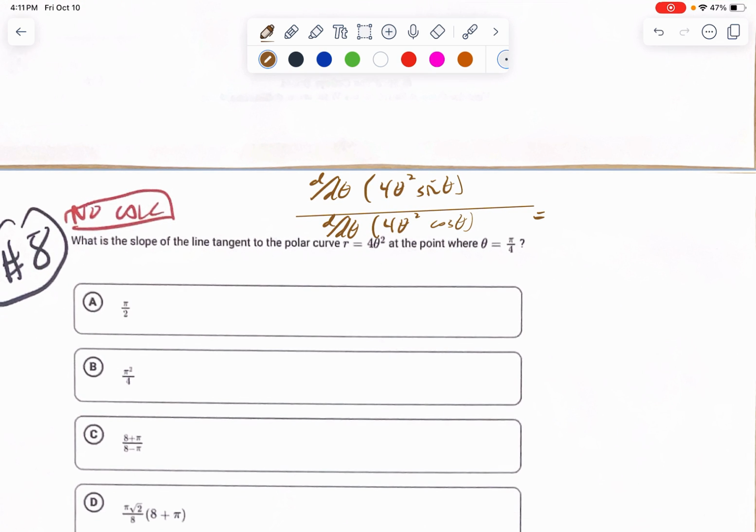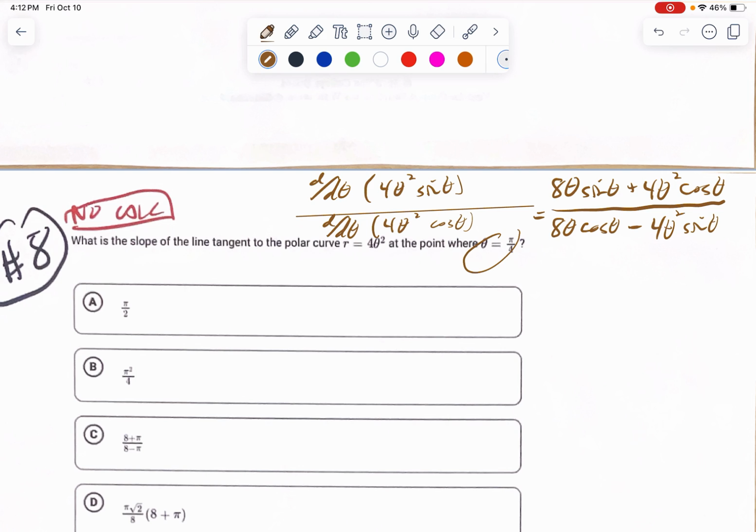So I'm going to need some product rule here. Derivative of the first times the second plus first times the derivative of the second. Similar down here, derivative of the first times the second plus the first times the derivative of the second. And theta is pi over 4.